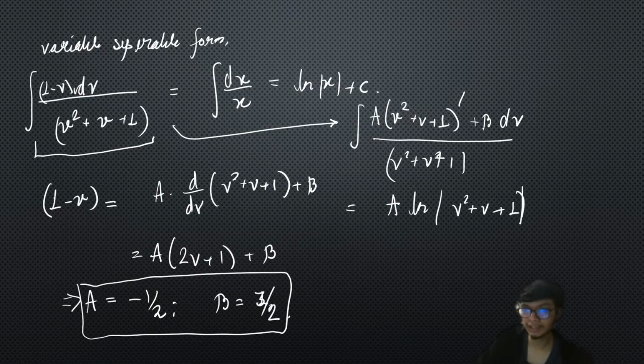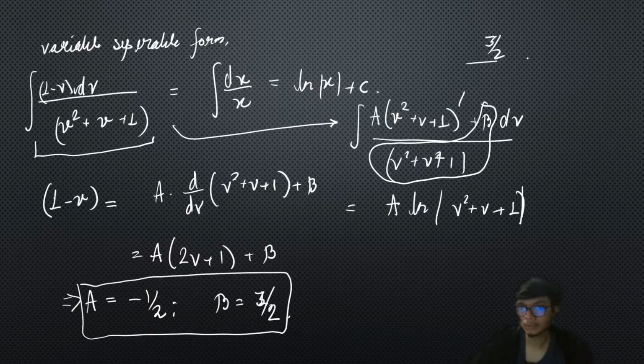Now the part of integration b upon v square plus v plus 1, we have to simplify this part. It is basically 3 upon 2 divided by v square plus v plus 1.